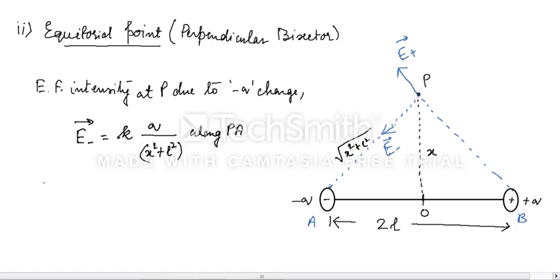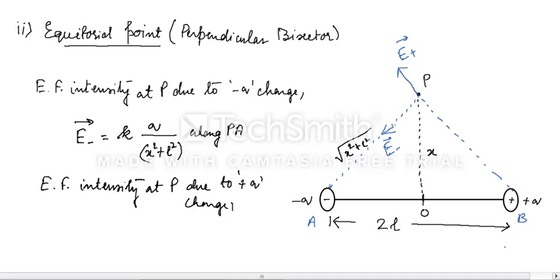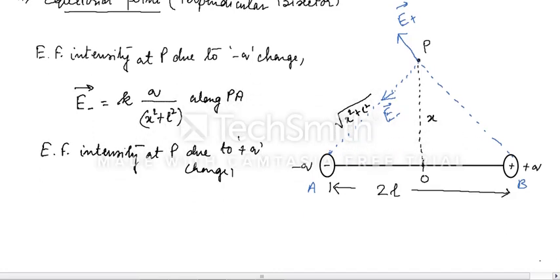Now similarly, electric field intensity at P due to plus q charge. How we can get that? E plus equals kq by x square plus L square.